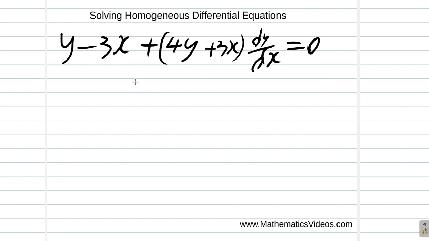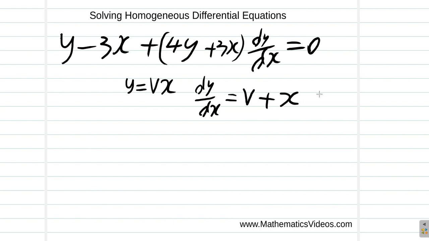You cannot solve this by separating the variables. So you're going to make y equal to vx, where v is a function of x. So that dy by dx, when you differentiate vx, you hold v as it is, times the derivative of x with respect to x, plus you hold x as it is times the derivative of v with respect to x.